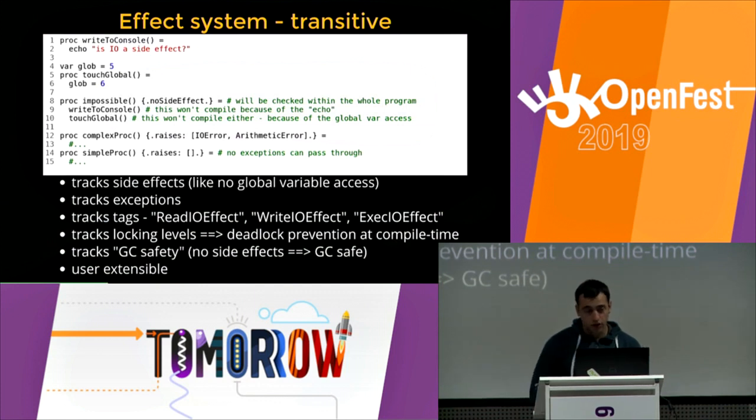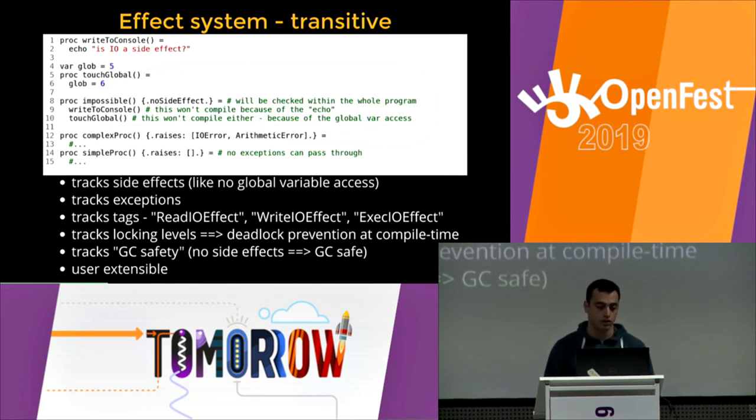So one other really cool thing about Nim, which also has a lot in common with the build system of Nim and the way it's actually compiled, is the effect system. So, for example, here we have two functions. Write to console, which basically has an I/O operation. It tries to write to stdout. We also have a touch global function, which touches a global variable.